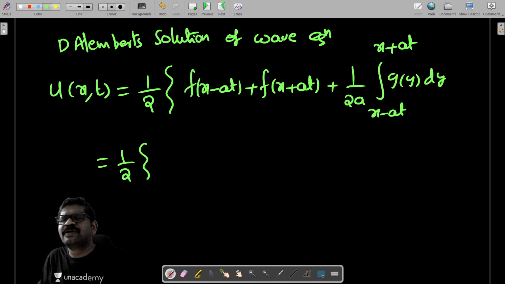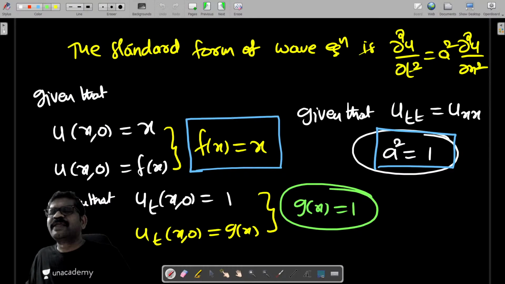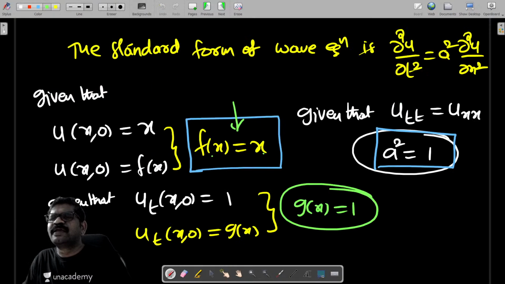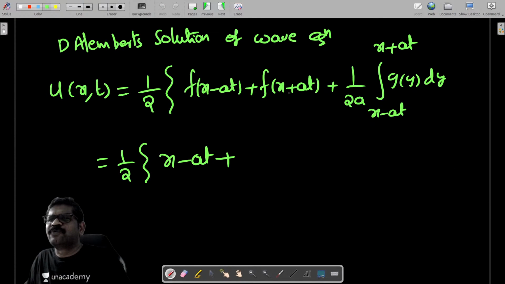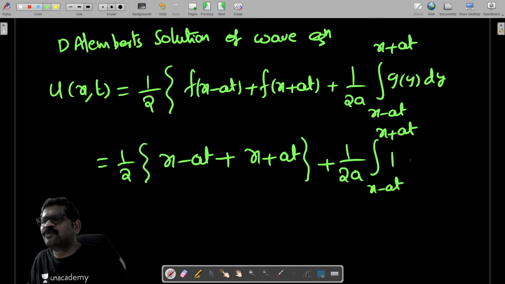That is 1 by 2 of f of x minus at. f of x is x, so f of x minus at is x minus at. Therefore f of x plus at is x plus at. 1 by 2a integral x minus at to x plus at of g of y, which is 1, because g of x is 1. It is a constant function, that's why 1.